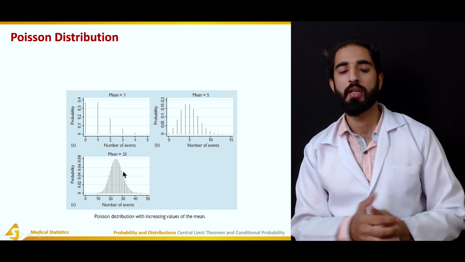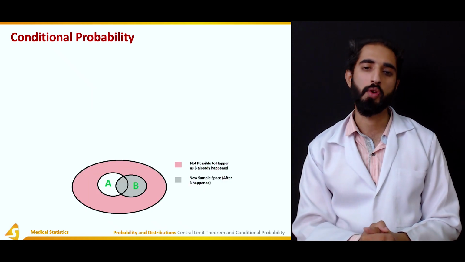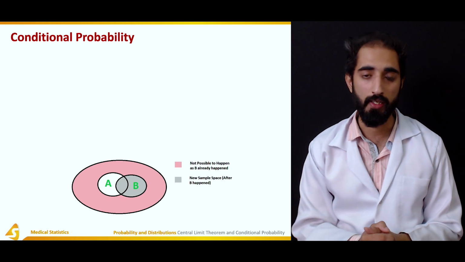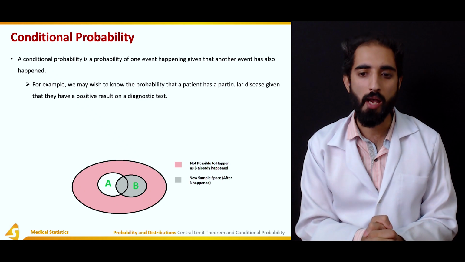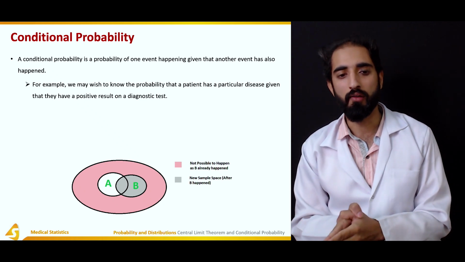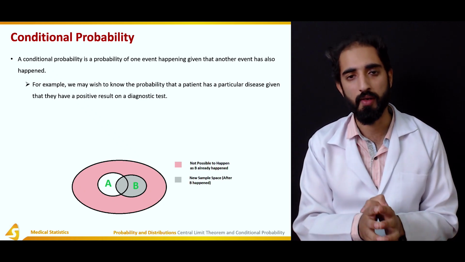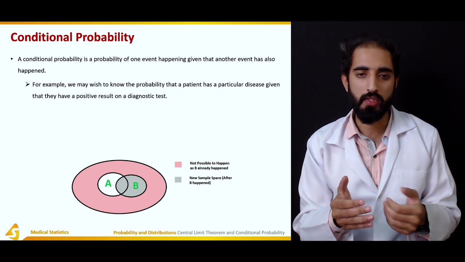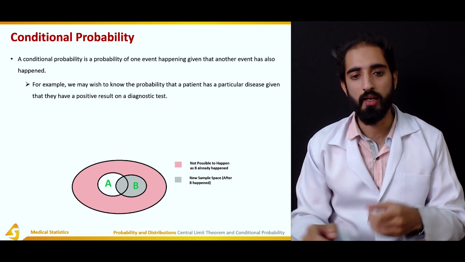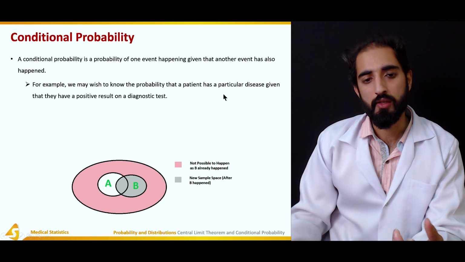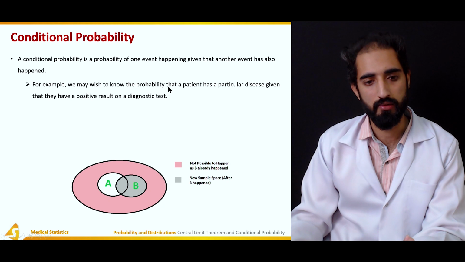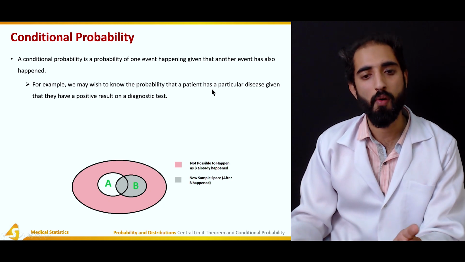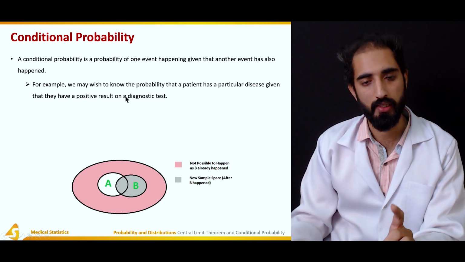Now there's another phenomenon which is known as conditional probability. A conditional probability is a probability of one event happening given that another event has also happened. To take an example of this, let's say that we wish to know the probability that a patient has a particular disease, given that they have a positive result on a diagnostic test.